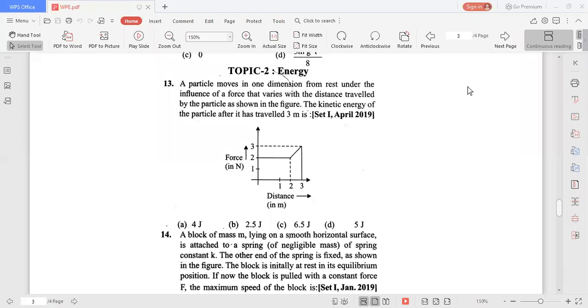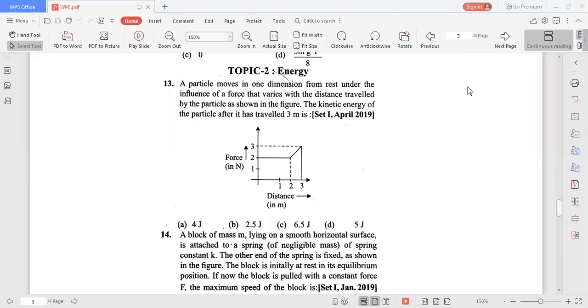Okay, now the 13th problem. A particle moves in one dimension from rest under the influence of a force that varies with the distance traveled by the particle, as shown in the figure. The kinetic energy of the particle after it has traveled 3 meter distance is dash. Here we are given a force versus distance graph.